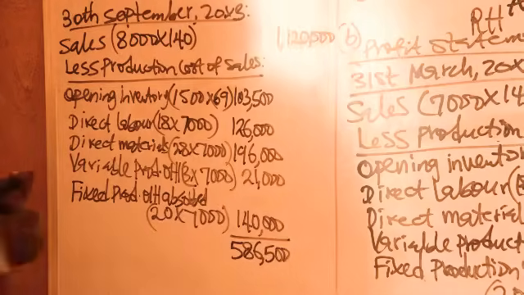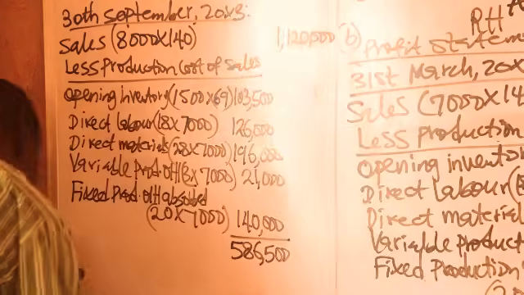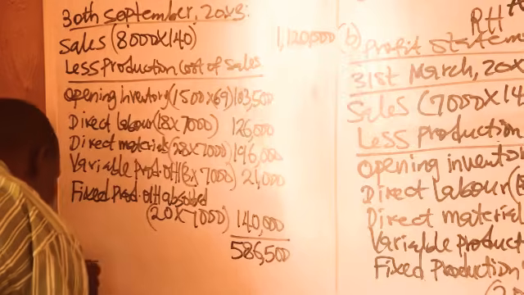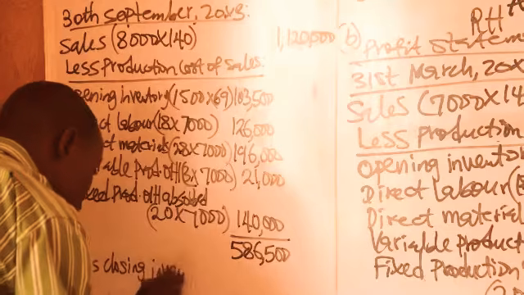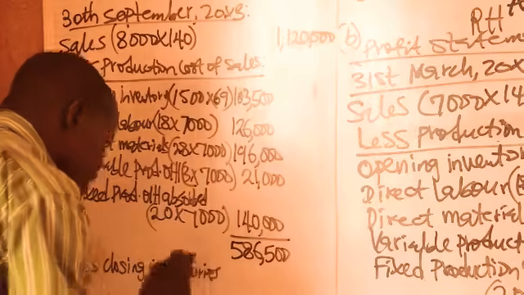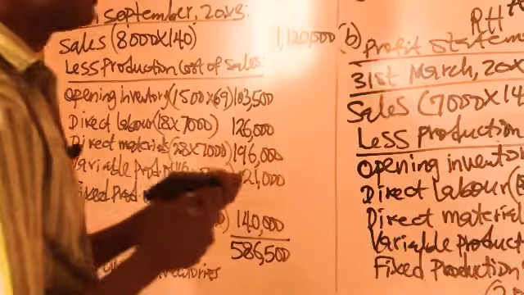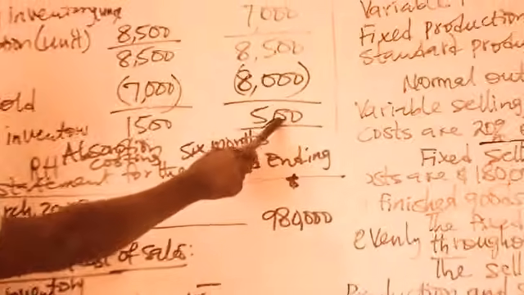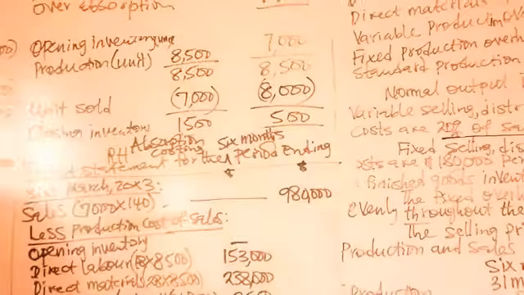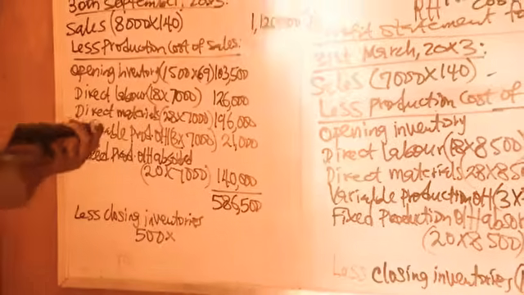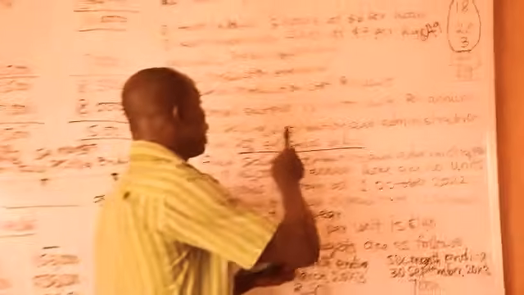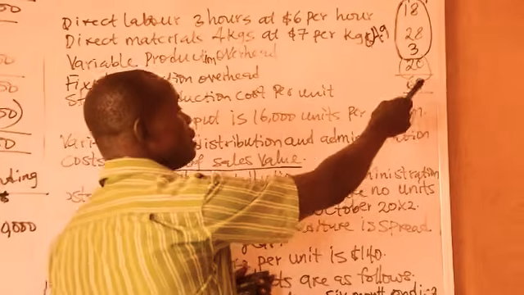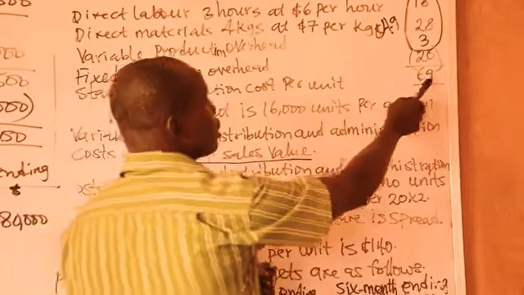Then you less your closing inventories. The number of units in the closing inventory for the second 6 months ending is 500 units. I've told you that you should value your inventory at the total production cost of sales, that is, both fixed and variable costs will be considered.